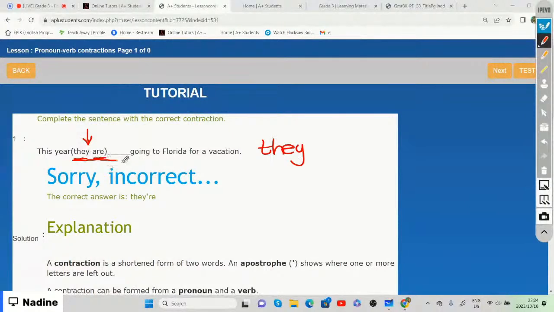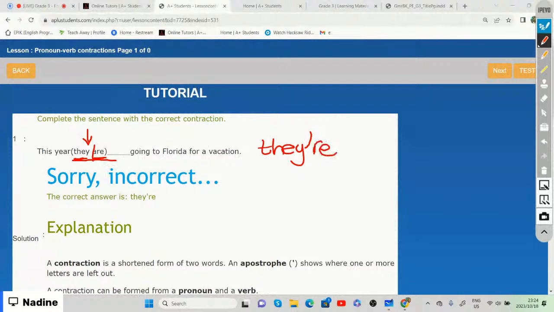So they stays the same. That's the full word that we write down. Now we write our apostrophe, and then the letters that are left out are, for example, the A in R. So we put the R-E. So they're is correct.